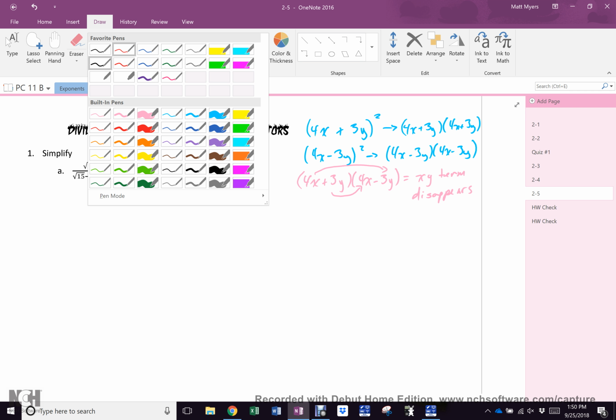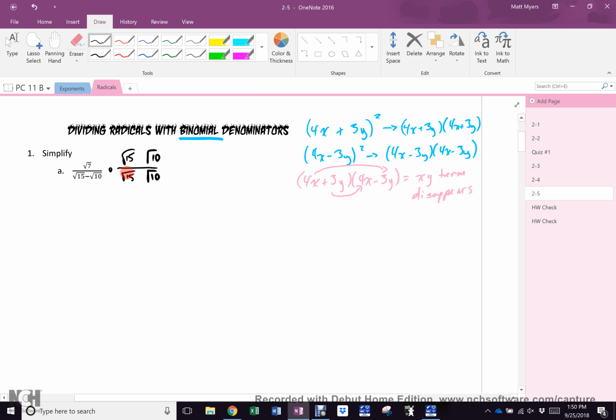But if I multiply by both of them, which one of these three will make the thing that I don't like disappear? Is it A, B, or C? C. C makes the mixed term disappear, doesn't it? So I see a minus, so I use plus.